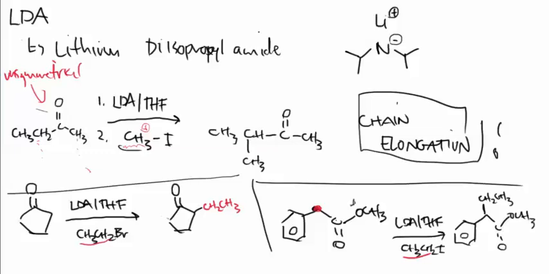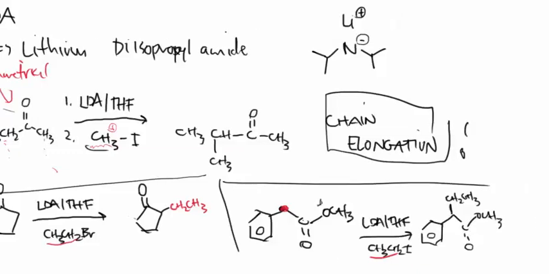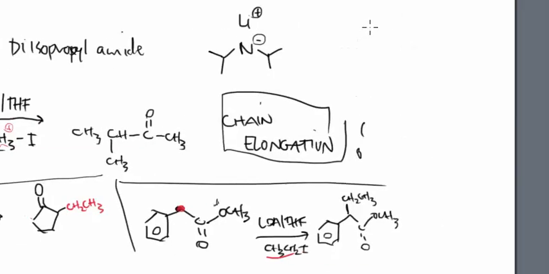So we've seen this before. Way back in the day, we talked about reactions that are thermodynamically controlled, and we talked about reactions that are kinetically controlled. So one is based on kinetics, which is speed, right?